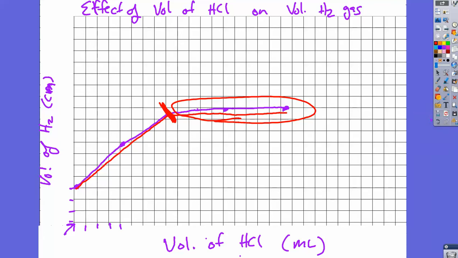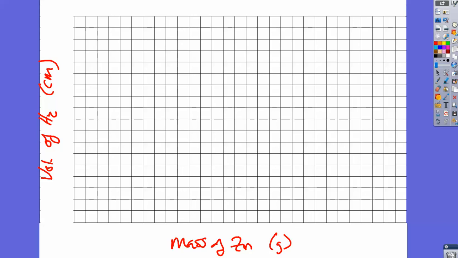Now, the second graph, graph number 2, what we were looking at was the mass of zinc that we changed, and that was in grams. And then that caused the volume of hydrogen gas, sorry, I'm putting that in there wrong, which, again, we measured the circumference of the balloon, so it was really a measurement in centimeters.